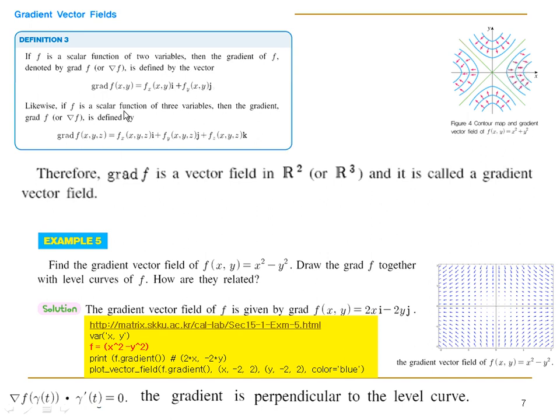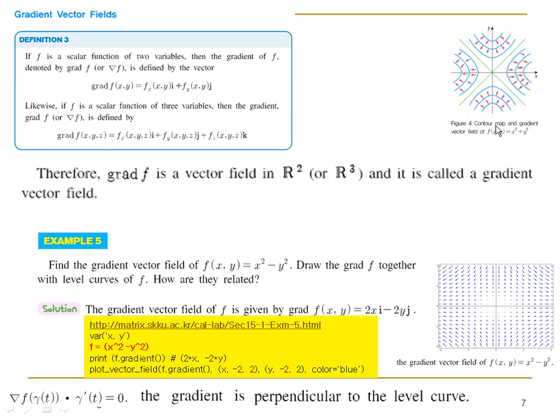If we have a three-variable function, then the gradient is fx i plus fy j plus fz k, like this. Therefore, the gradient of f is a vector field in R2 or R3, and it is called a gradient vector field.